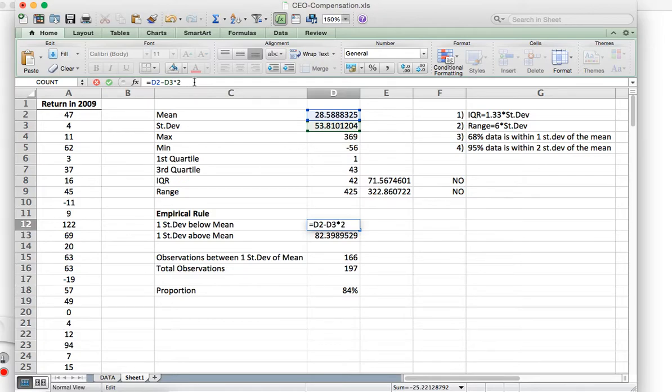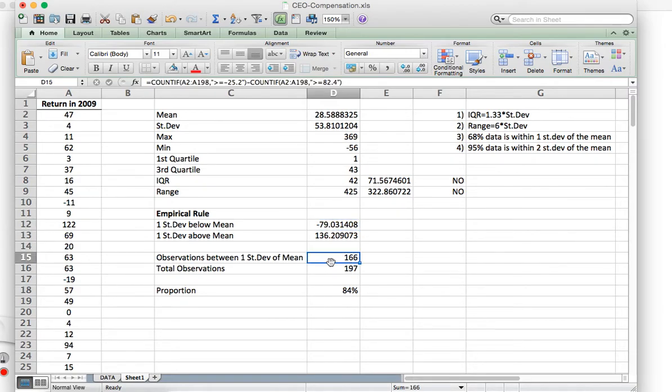So I subtract from the mean the 2 standard deviation value, and to this value I'll add the standard deviation multiplied by 2. So this will be mean plus 2 standard deviations, sorry. This gives me a value 2 standard deviations above the mean, and this is the value 2 standard deviations below the mean.